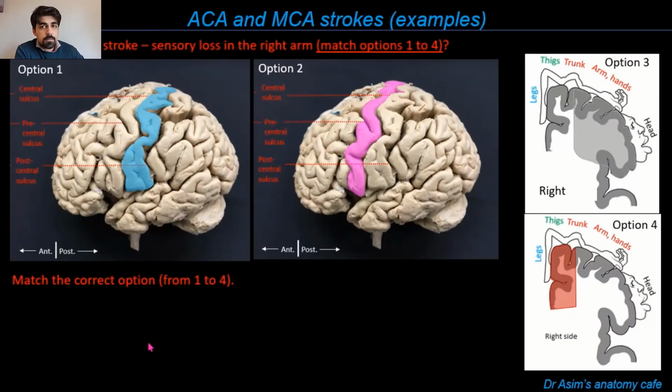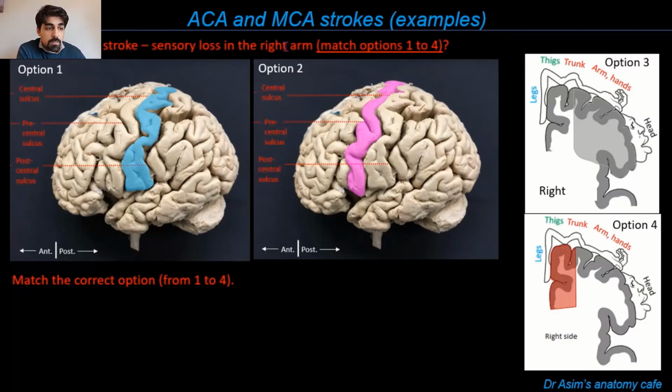Now let's just change the scenario a little bit. Hypothetically, let's say we are presented with the same patient, a 65-year-old who has a stroke, but this time the patient has a sensory loss in the right arm. Then once again, since the right arm is involved, we can easily rule out option 3 and option 4. We're left to choose between option 1 and 2.